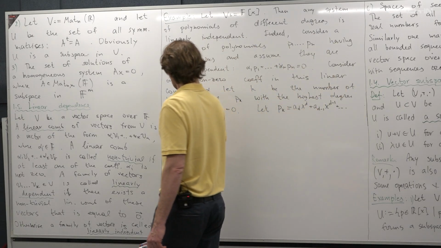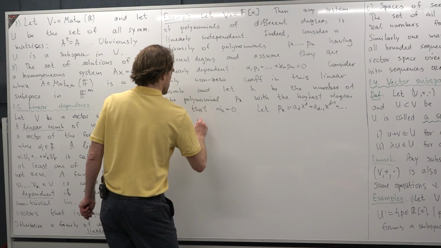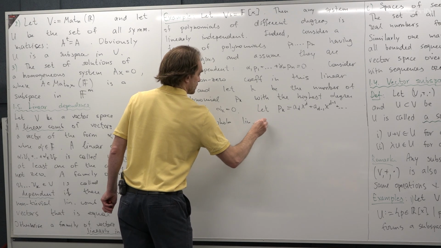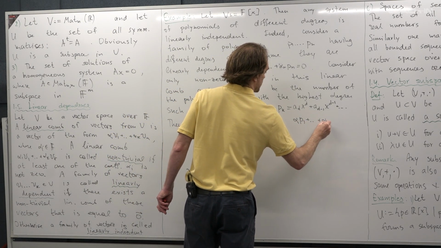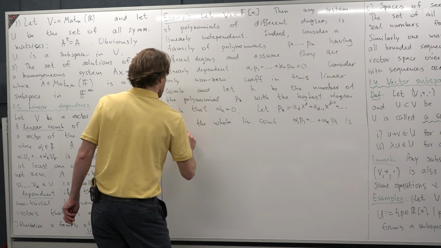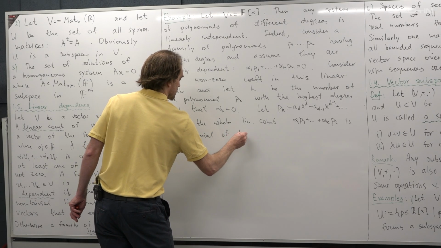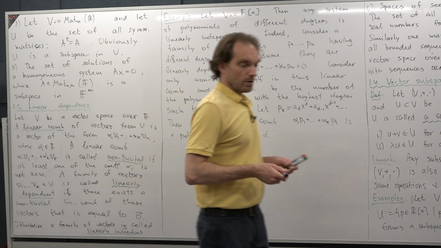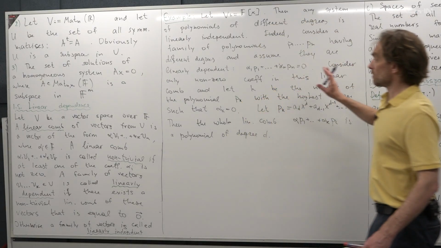Then the whole linear combination alpha 1 p1 plus etc. plus alpha k pk is a polynomial of degree d, just because among all the polynomials with non-zero coefficients, p sub k has the highest degree.